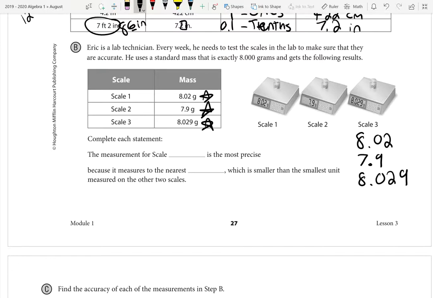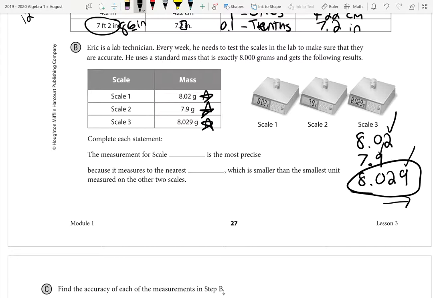8.029. So the first one goes to our hundredths place. The second one goes to our tenths place. And the last one goes all the way to the thousandths place. So since the last one goes all the way to the thousandths place, and it's got more significant digits as far as more detailed decimal values, the last one is more precise because it goes to that extra extent.